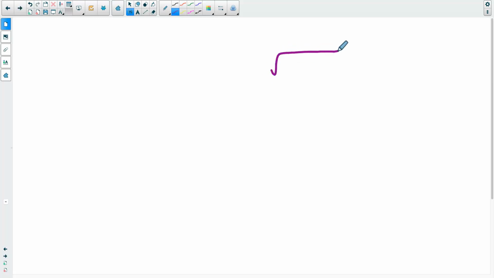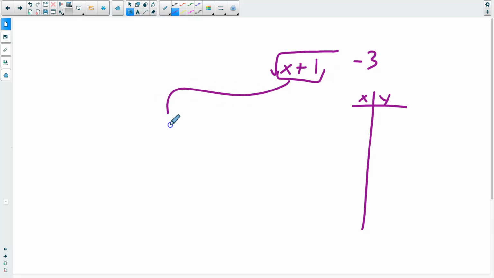Square root of, what do we got for the first problem? We got x plus 1 minus 3. Let's talk about our x's. So I'm looking inside my square root. I take what's inside that square root, and I go x plus 1 equals the following numbers that I want. 0, 1, and 4.